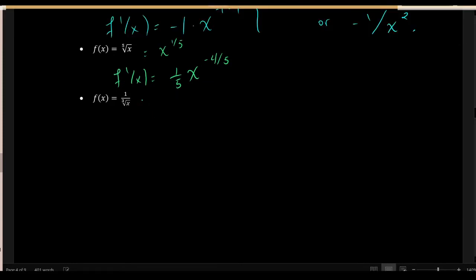And how about 1 over cube root of x, which is the same thing as x to the power negative 1/3. Then f prime would be negative 1/3 x, and then take negative 1/3 and reduce it by 1, and we get negative 4/3 as the new power.